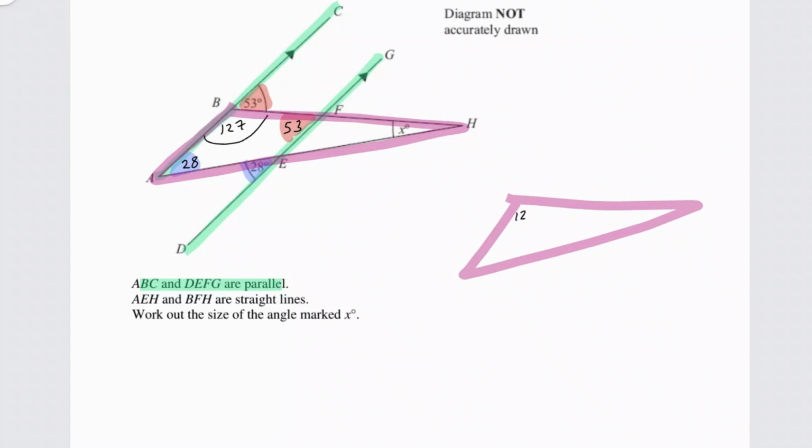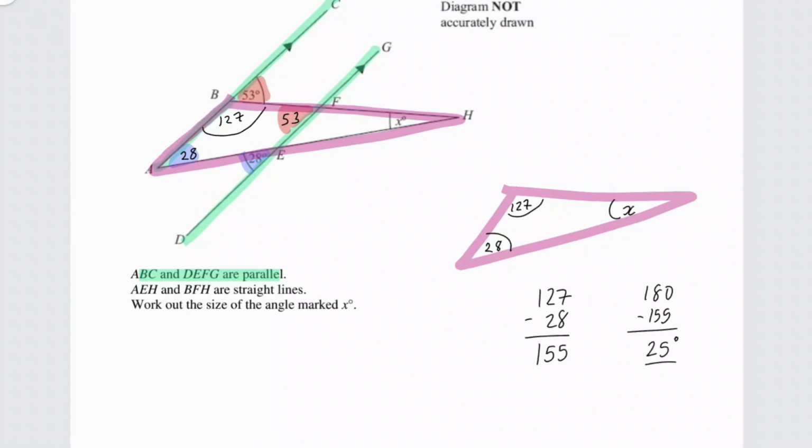We know this one's 127. We know this one's 28. So we can figure out angle X just from the rule that angles in a triangle sum to 180. So these two that we know are 155. So if we subtract 155 from 180, we will get 25 degrees for X.